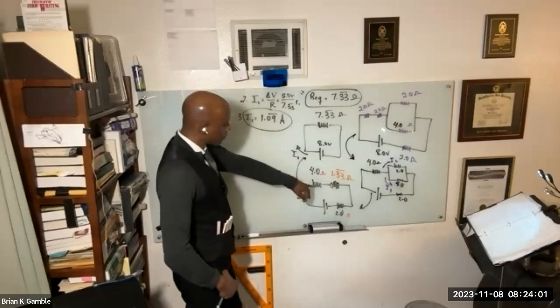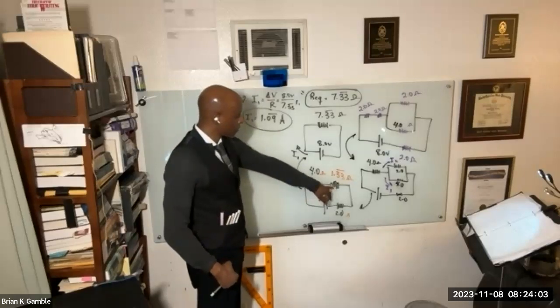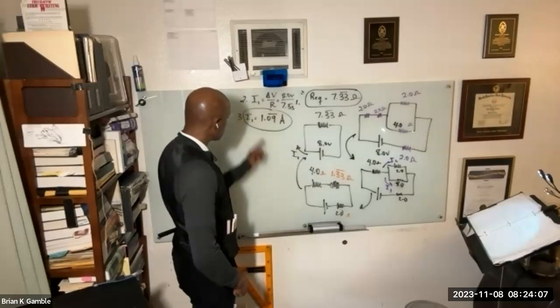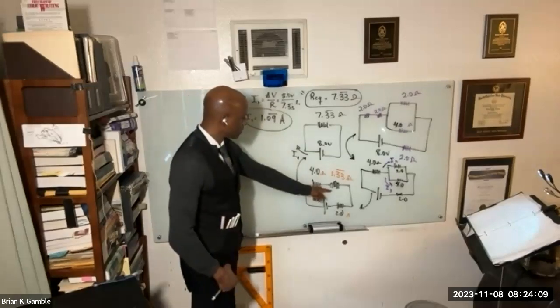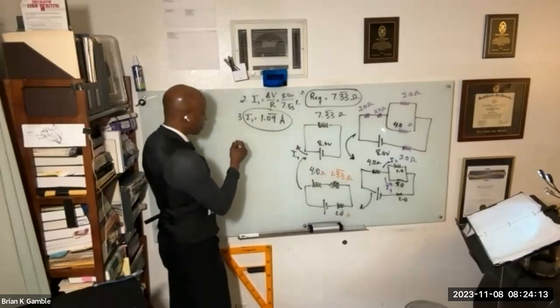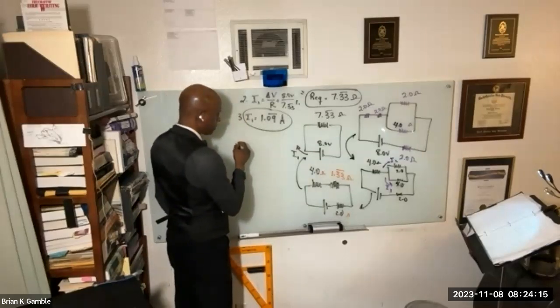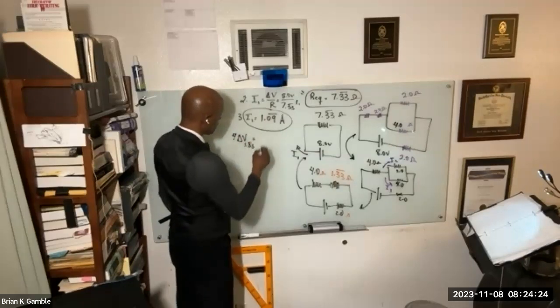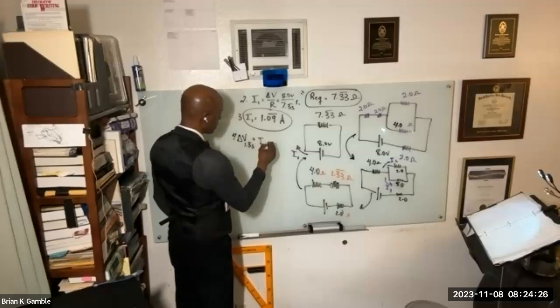So you first get the total voltage over this thing, which would be this current times that resistance. So I'll call it delta V 1.33. That's going to be equal to I1 times basically 1.33 ohms.